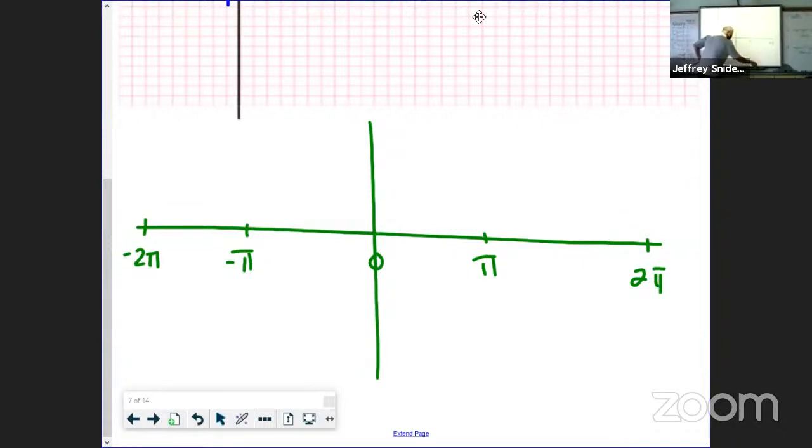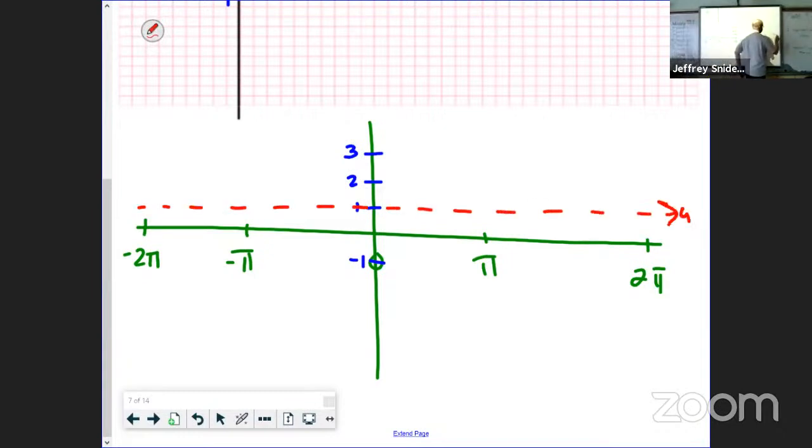Now I just need to go ahead and do my axis, right? So I could go 1, 2, 3. And then down here would be negative 1. Here's 1, 2, 3. And then I just do it the same way. Where's the midline at? Positive 1. Okay? So what do we know? It's a sine curve, and we know the max is going to be what? 2.5. Is it 3.5? 2.5.